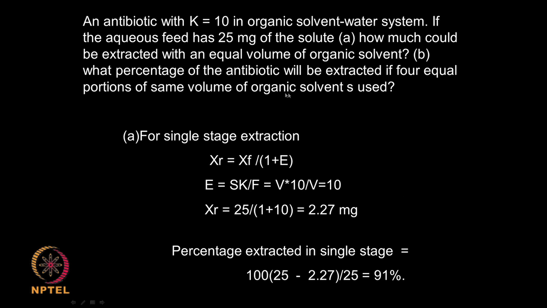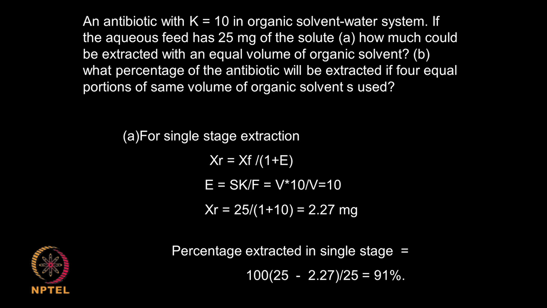Now I am dividing the same 25 into 4 parts, 25 by 4, that is equal to 6.25, and then adding it in 4 stages. Then what will be my extraction efficiency? So here my S will become 6.25, K will be the same, F will be the same, so my E will come down, but then my equation is different.